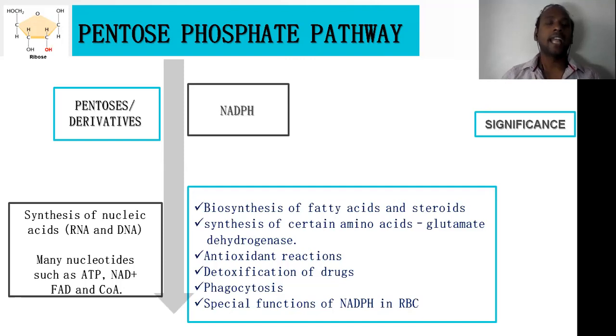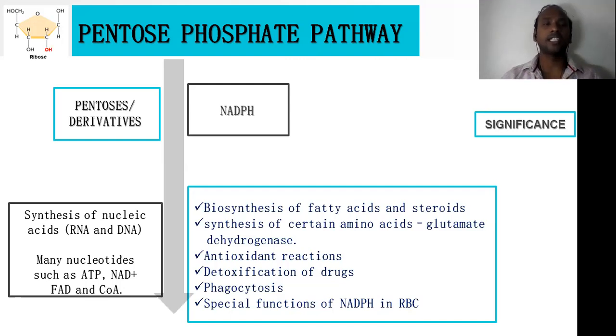And the antioxidant reactions, which are done by antioxidant enzymes, the best examples being superoxide dismutase and glutathione reductase. There are many antioxidant enzymes present, and for their activity NADPH is required. But you should remember what antioxidants and oxidants are, because during many metabolic reactions reactive oxygen species can be generated.